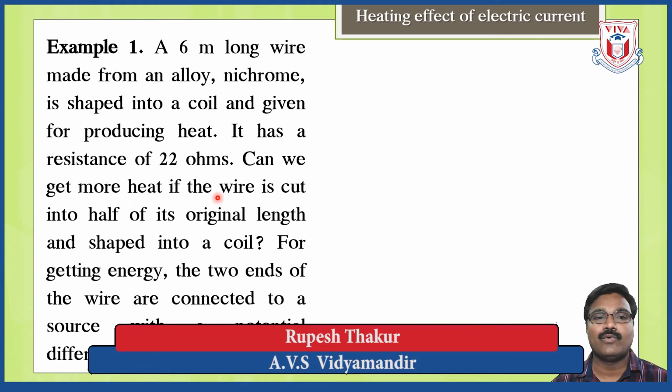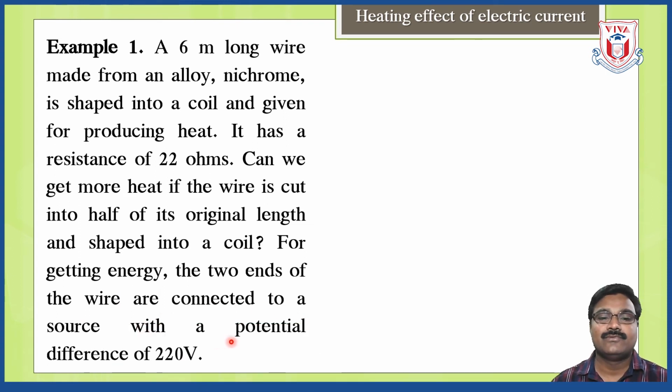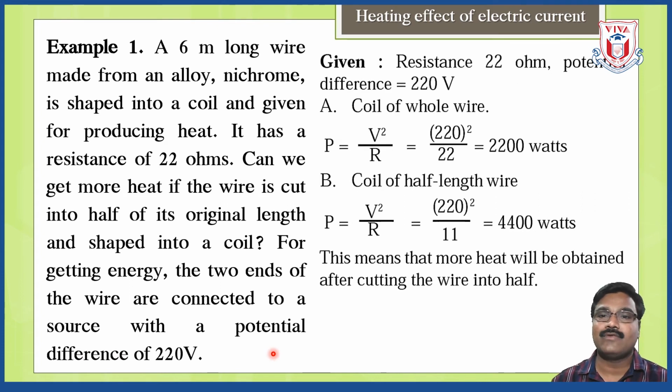Can we get more heat if the wire is cut into half of its original length and shaped into a coil? For getting energy, the two ends of the wire are connected to a source with a potential difference of 220 volt. Now what is given? The resistance is 22 ohm, potential difference 220 volt.